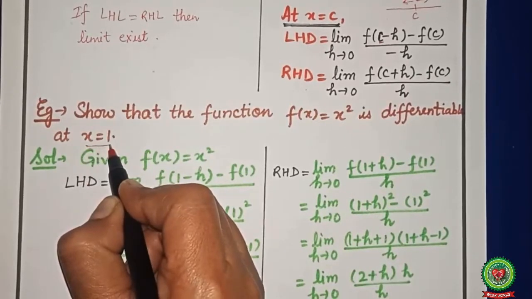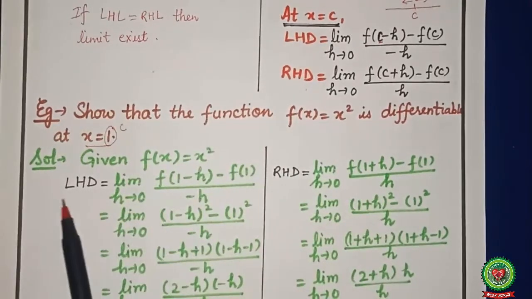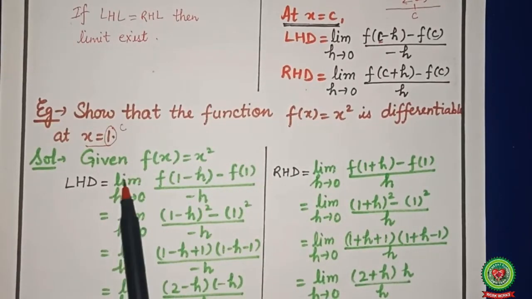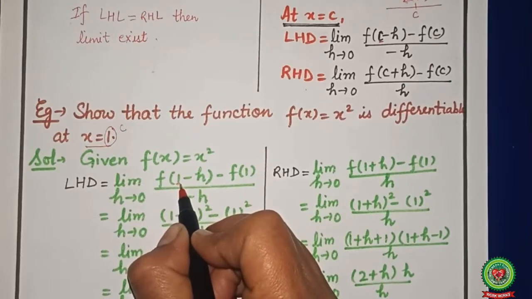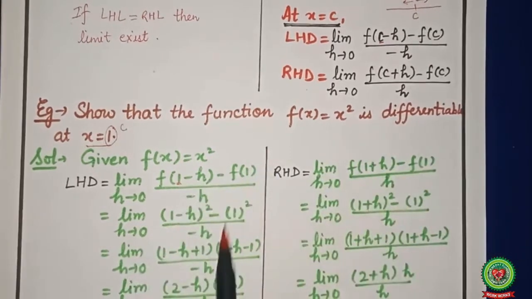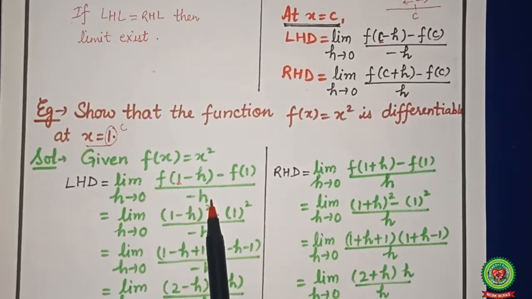Here we are having the point 1, so this is the value of c. So the left hand derivative is equal to limit h approaches to 0, f of 1 minus h minus f of 1 upon minus h.